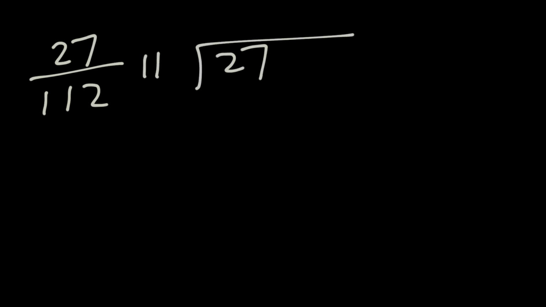27 divided by 112. Okay, so we're starting with 27, the numerator, divided by 112, the denominator.